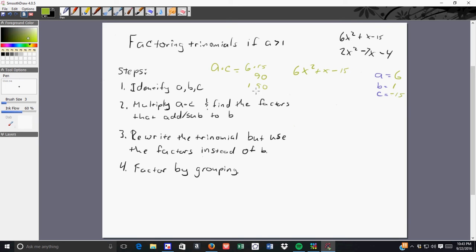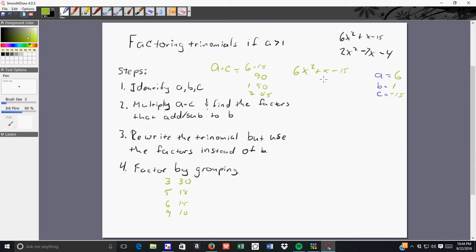And now my factors are 1 and 90, 2 and 45, I'm going to run out of room, 3 and 30, 4 doesn't work, 5 and 18, 6 and 15, and then 9 and 10.